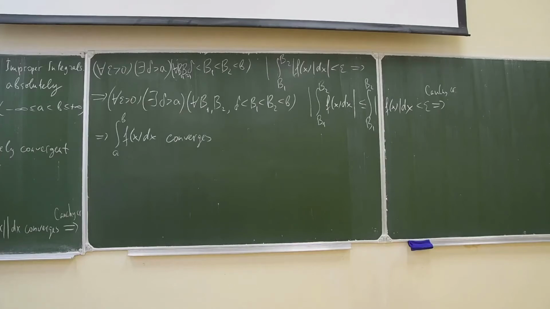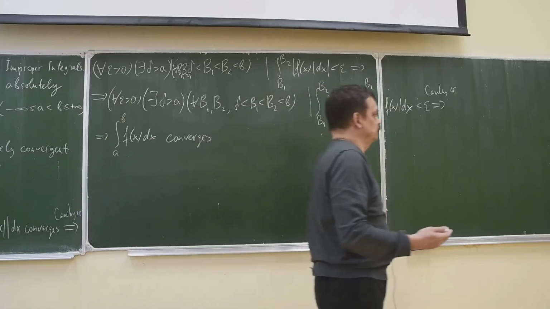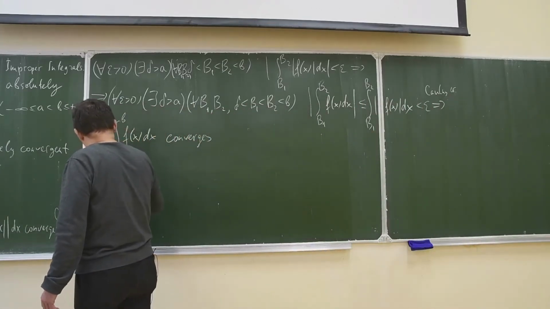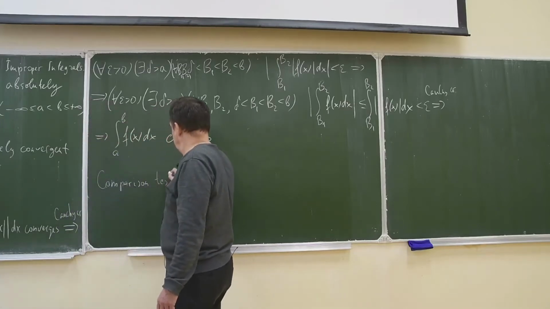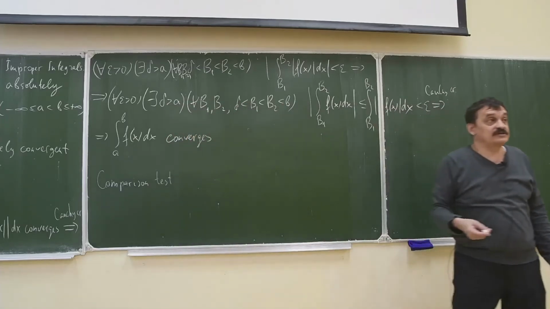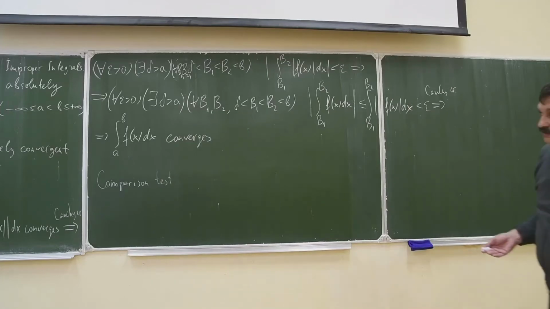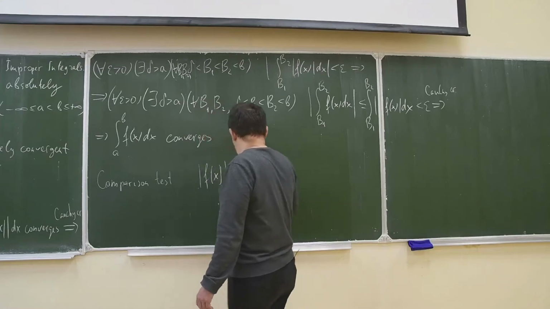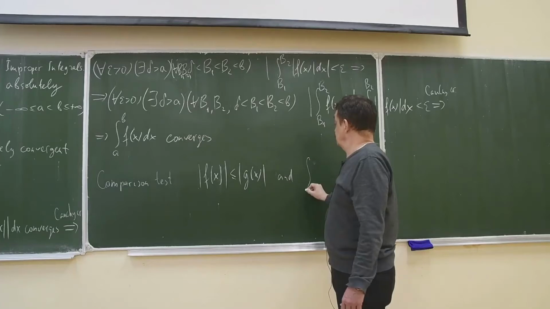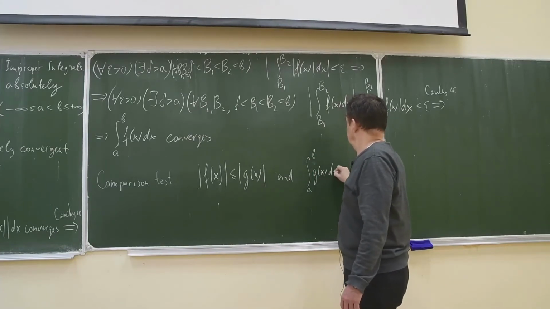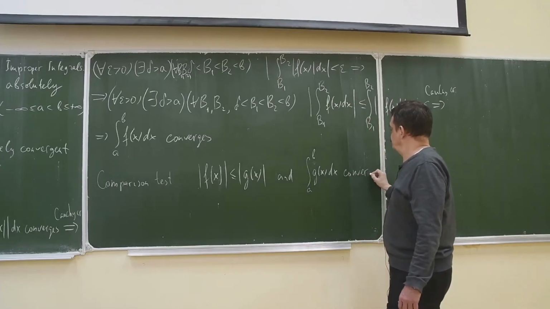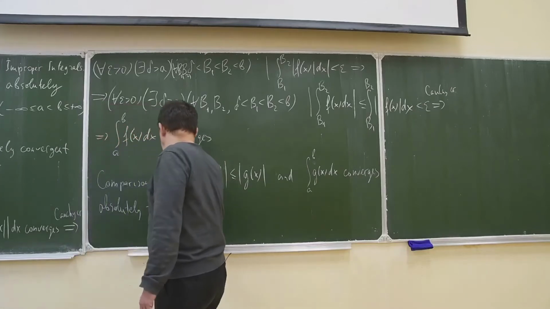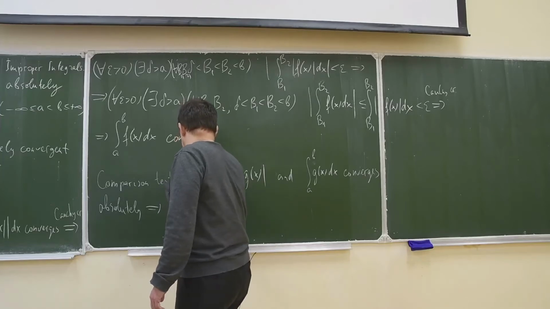And you see, now how we can proceed with proofs of absolute convergence of integrals. So, for example, the comparison test works as a test for absolute convergence as well. Look, if we have modulus of f of x less or equal than modulus of g of x, and the integral of g of x dx converges absolutely, then the integral from a to b of f of x dx converges absolutely.